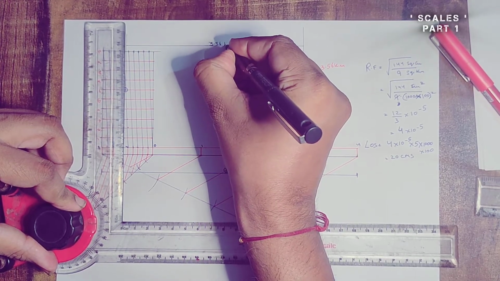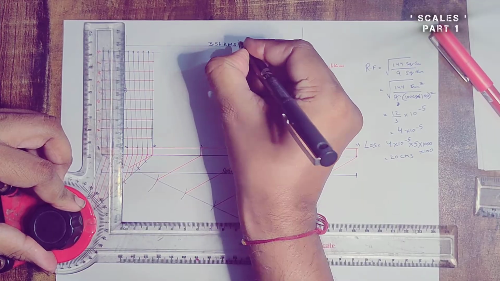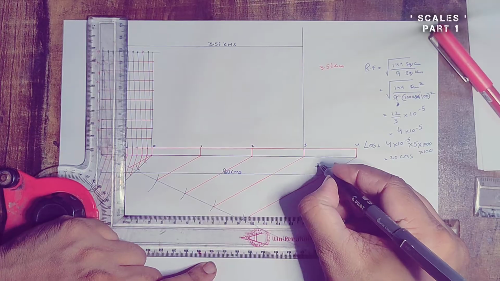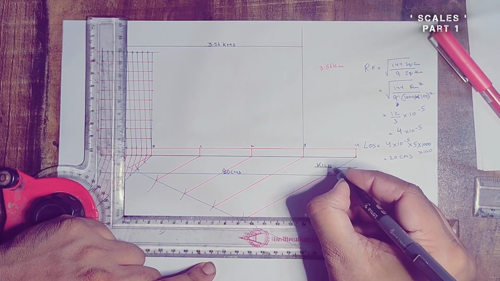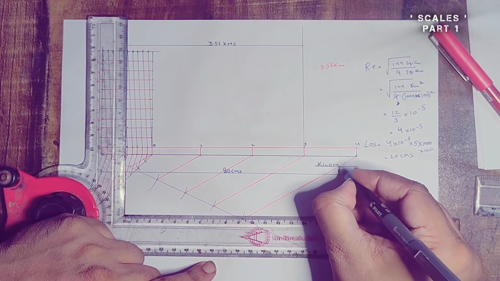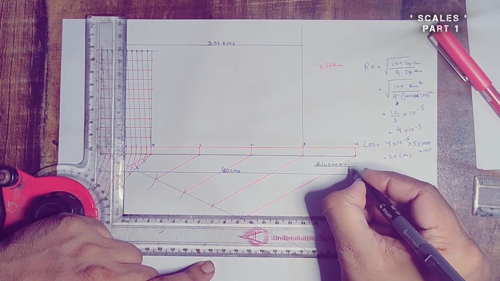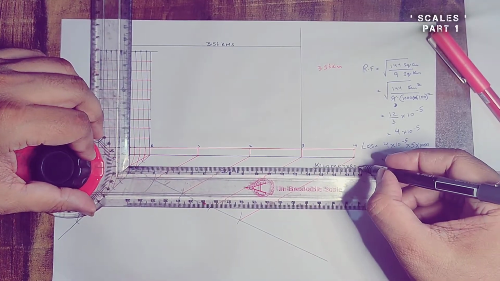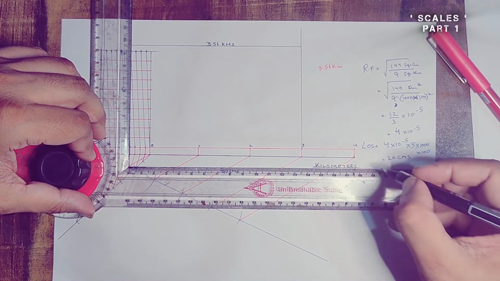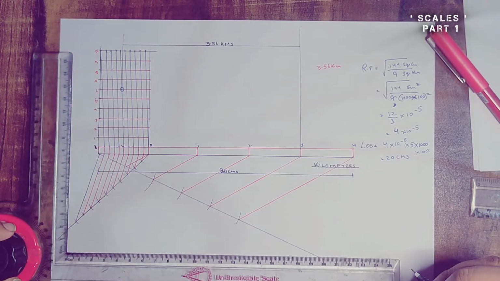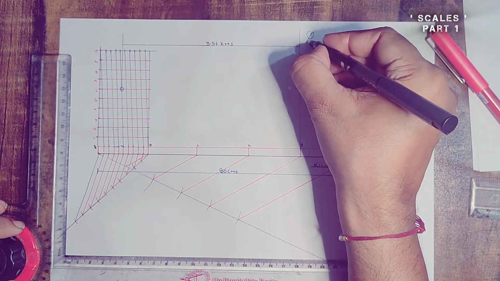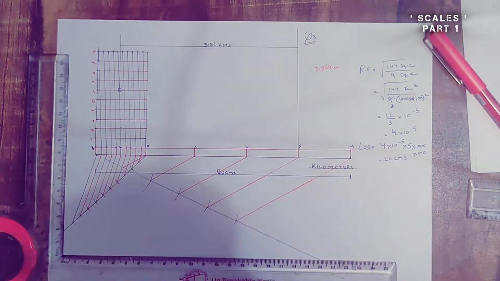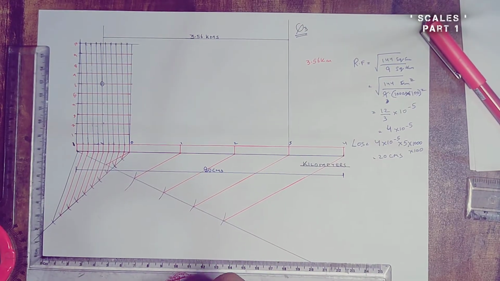You have to write kilometers over here, representing kilometers. So all this is completed in question number 3. This is a complete question number 3, as you can see clearly.